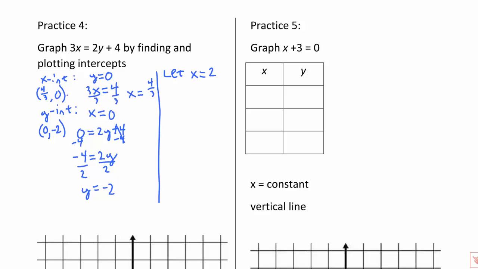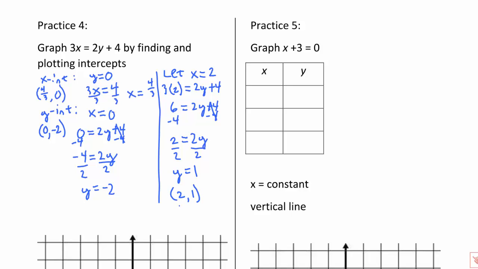So 3 times 2 is equal to 2y plus 4. 3 times 2 is 6. 6 is equal to 2y plus 4. Subtract 4 from both sides. So 2 is equal to 2y. Again, just divide by 2, so y is equal to 1. That gives me the coordinate (2, 1).